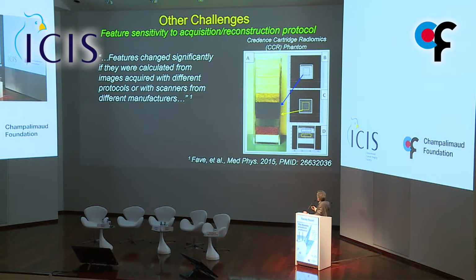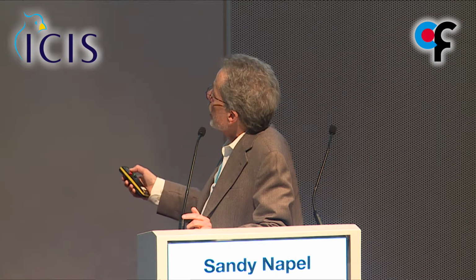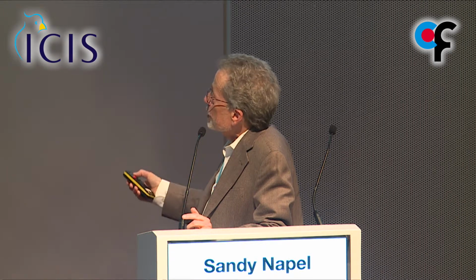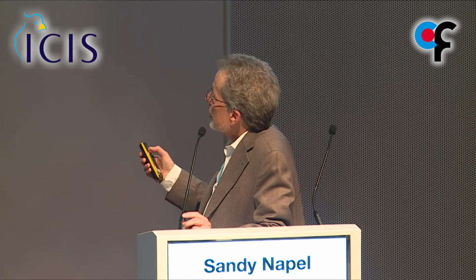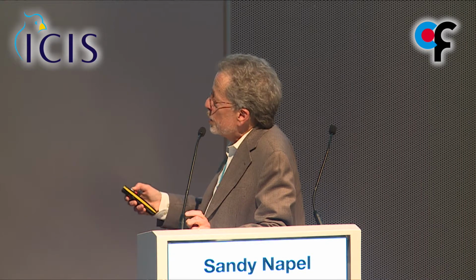This is a good effort coming out of MD Anderson, and that is they've built a sort of radiomics phantom that has several layers of cork that can be brought from scanner to scanner, and the gray values that you get in the different scanners can be used to actually calibrate features.